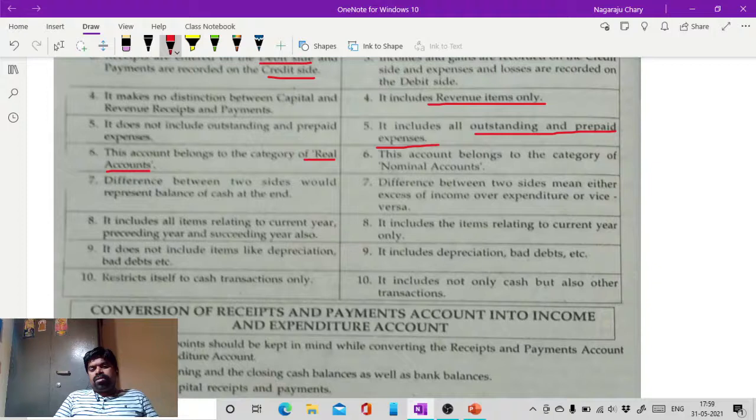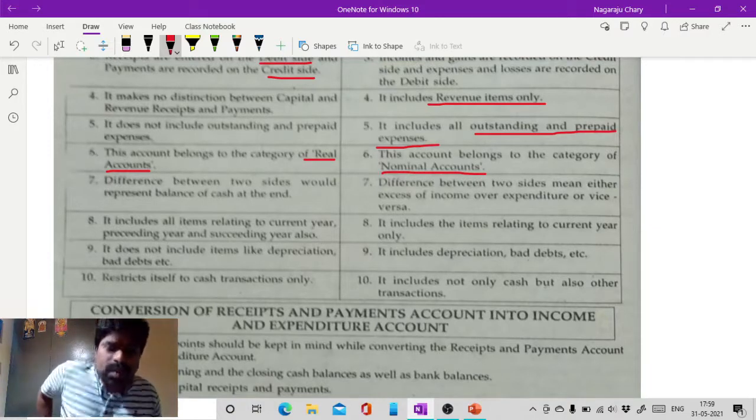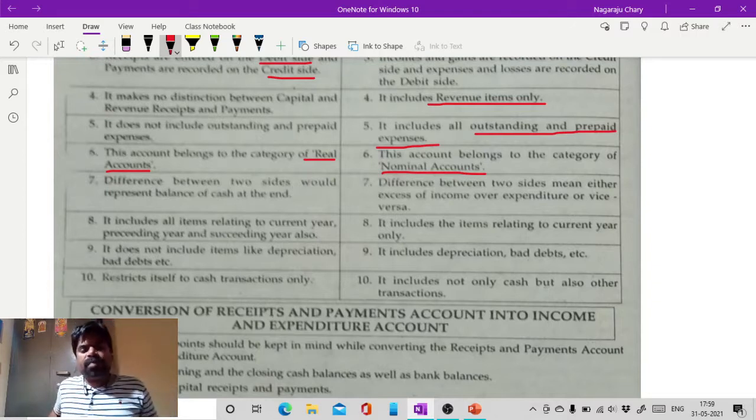The income and expenditure account belongs to the category of nominal accounts. The nominal accounts principle, we know, is debit all the expenses and losses, credit all the incomes and gains. The same principle is followed while preparing the income and expenditure account.